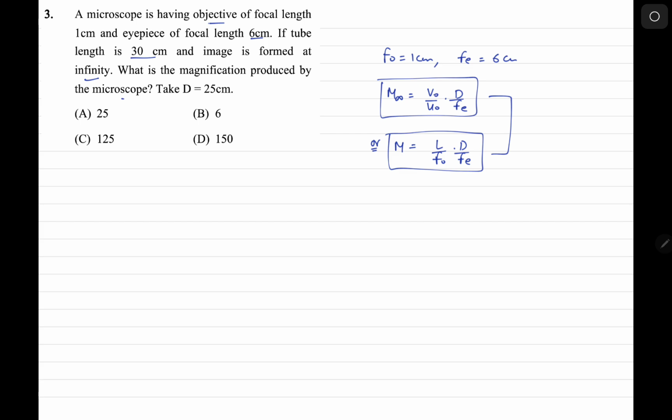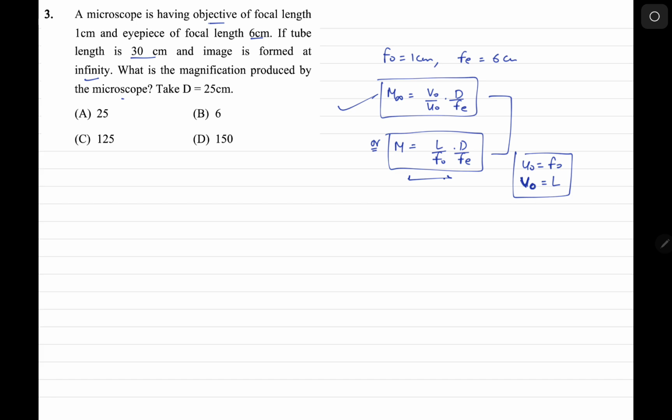This formula is set with the condition that the object placed in front of the objective lens is placed at its focal length. So the image from the objective lens, VO, will be formed at the other lens, the eyepiece, and that will be taken as L. When we take these two values, L and FO, and put them in this formula, we get the answer.